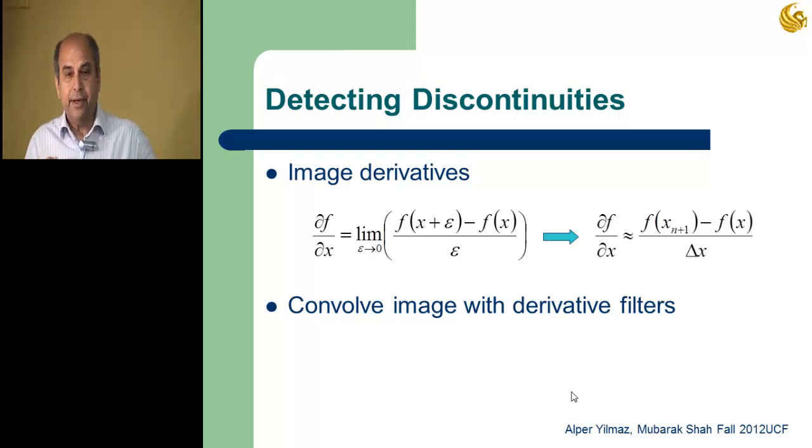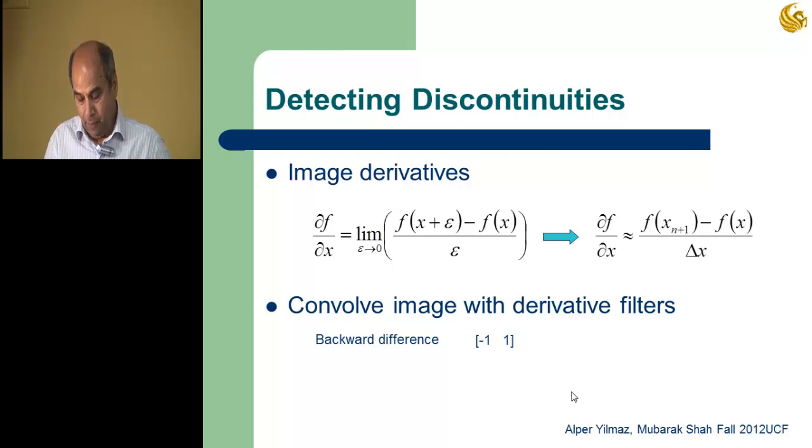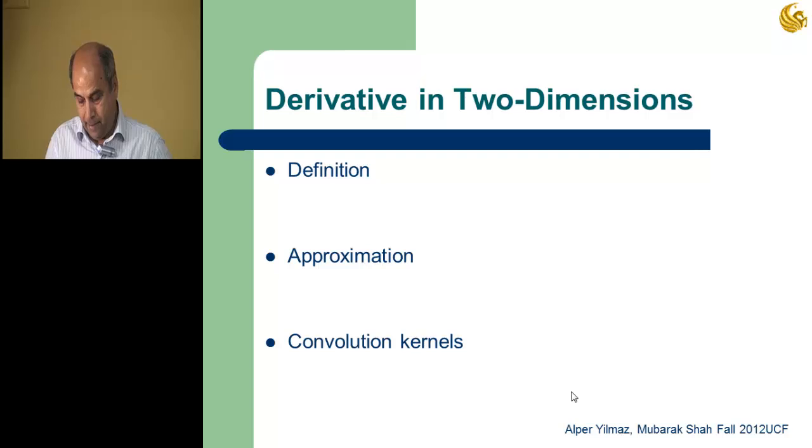So in order to detect edges, we are going to look at the derivatives of the image, and that's what we have been talking about. Again, this is the definition of the derivative. Since it's a two-dimensional function, we are going to look at the x derivative and y derivative, and we are going to convolve the image with the derivative filters. We talked about backward difference, forward difference, and so on.